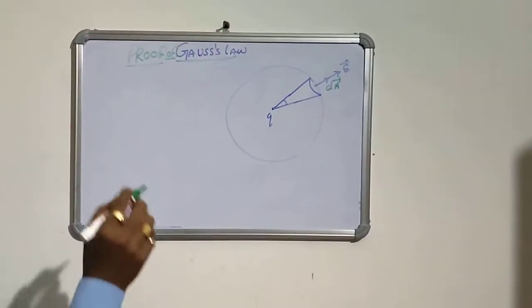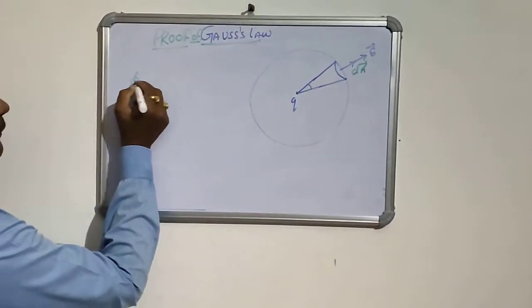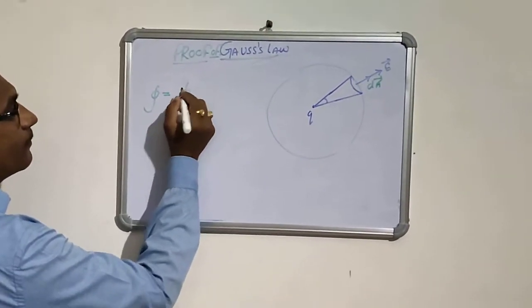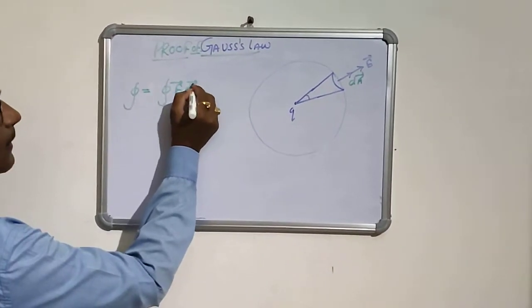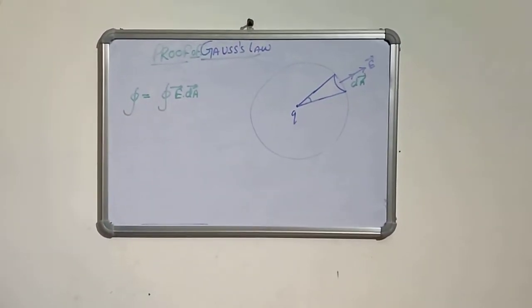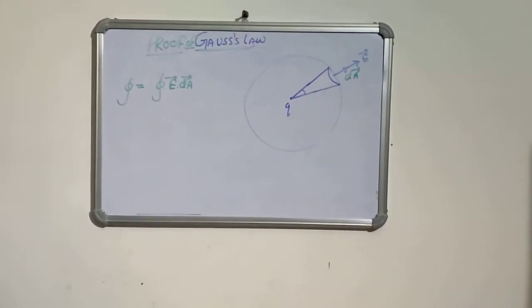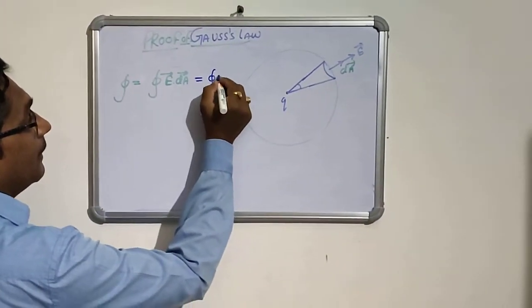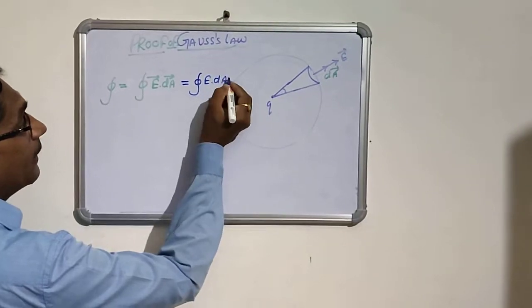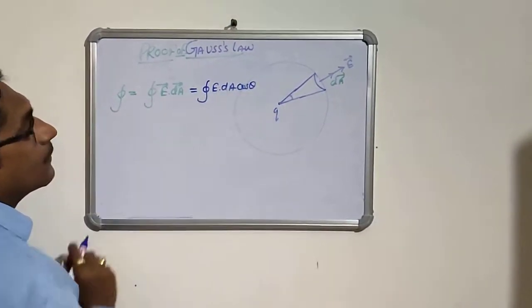So according to electric flux, net flux phi is equal to E dot dA, which we can write as E dA cos theta.